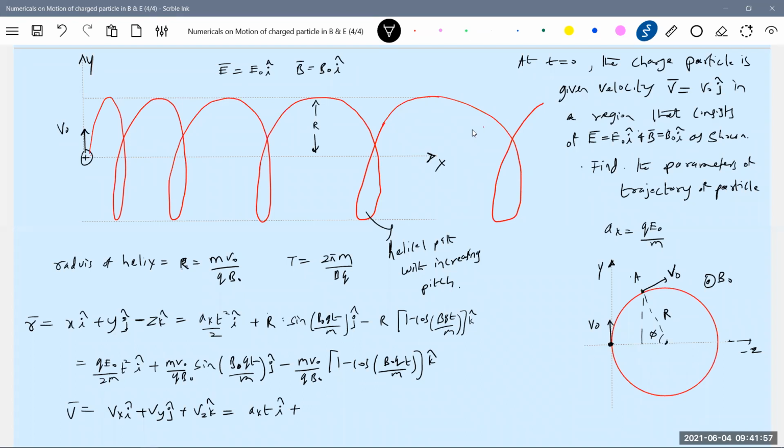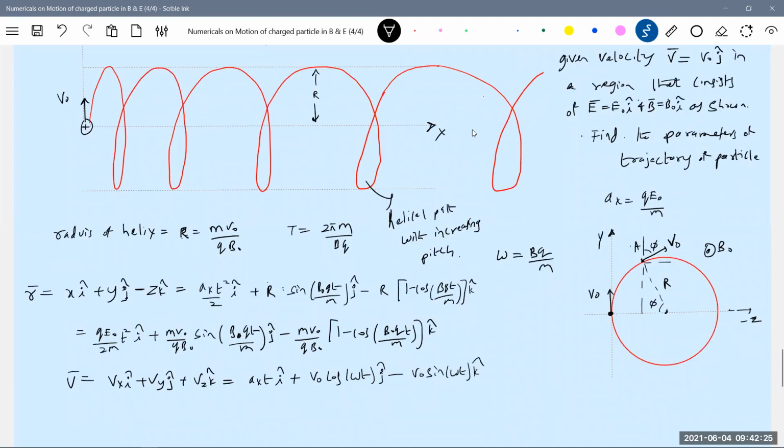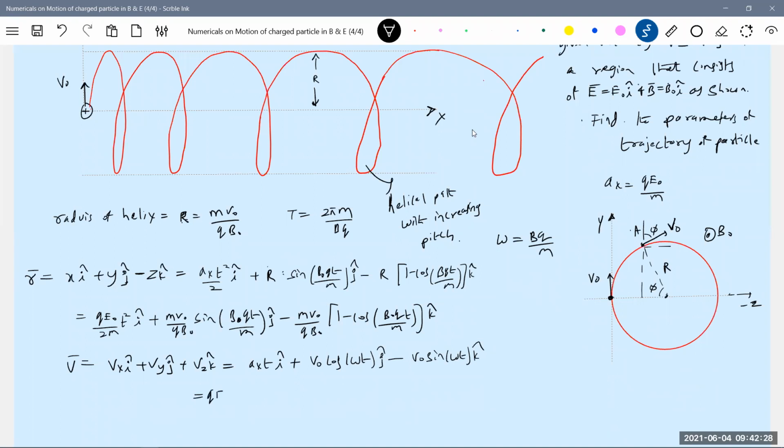Velocity vector v naught, this is again from earlier what we did, v naught cos phi, should become equal to omega t j cap. What is omega? Omega, I should write it as bq by m. What is ax further? ax will become q E naught by m.